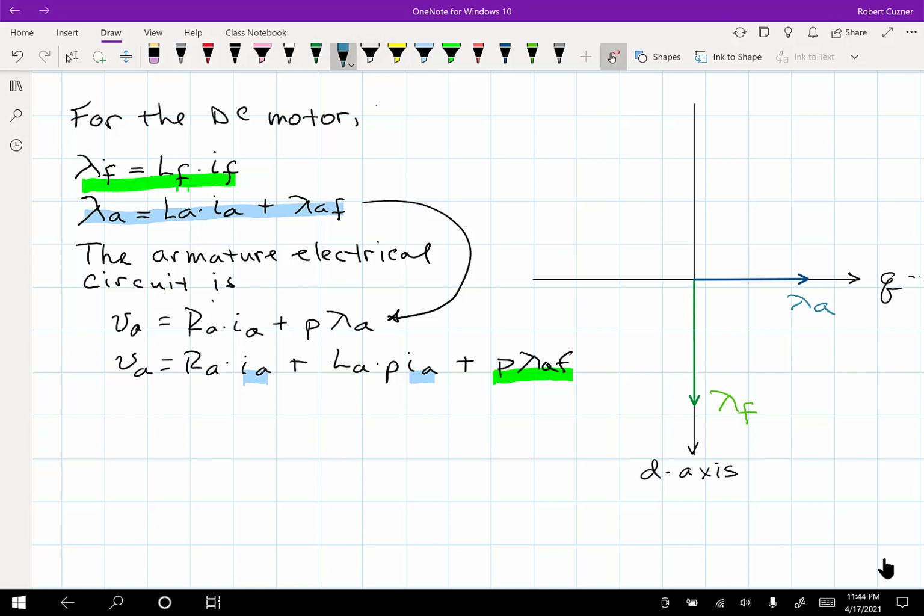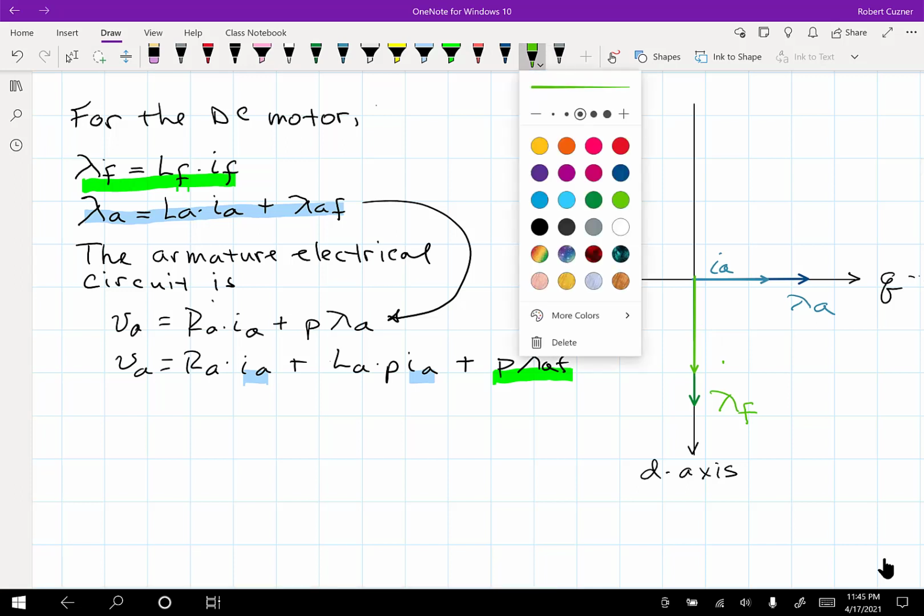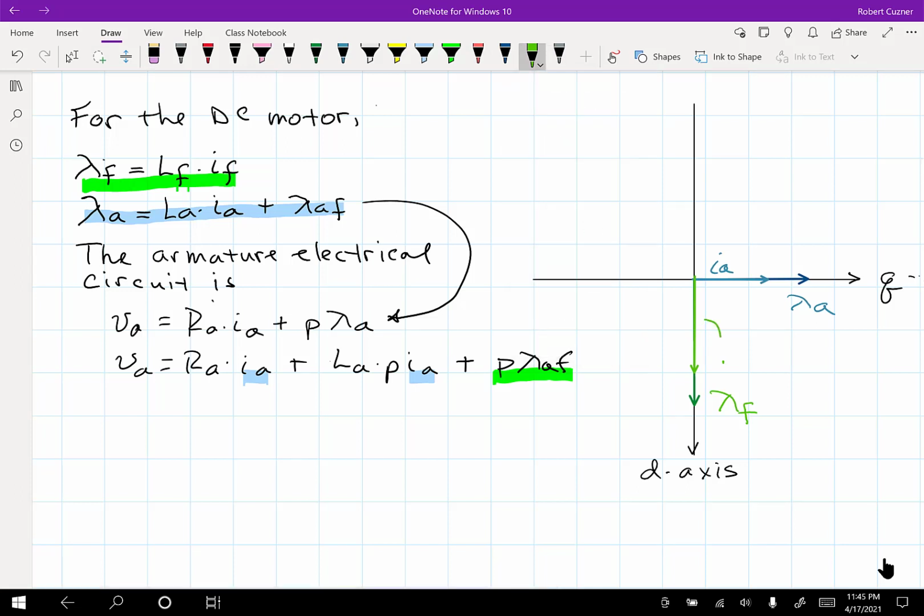The current is on the q-axis, and the mutual flux linkage is on the d-axis. The main portion of the field flux linkage would be the mutual flux linking part to the armature.